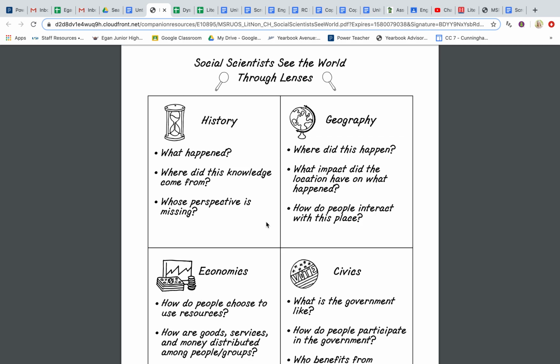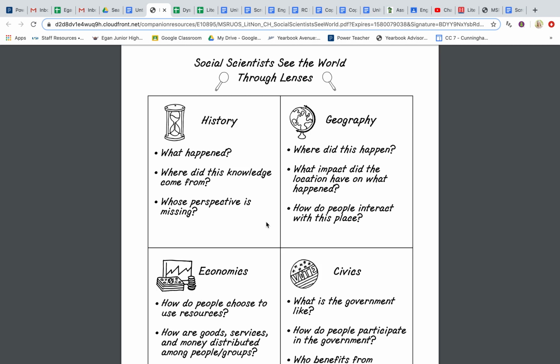Is the author providing background knowledge that I need to go back to? Do I maybe need to fill in some of my own blanks? And whose perspective is missing from this recount of this historical event? You have to be aware that in your literary nonfiction books, the author tends to only talk about one perspective. So whose perspectives aren't being represented in this story?